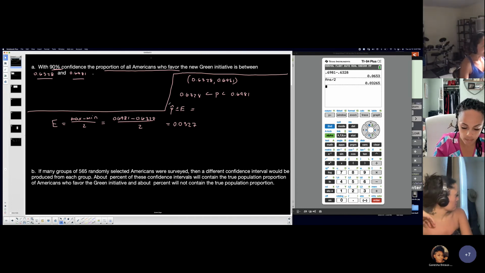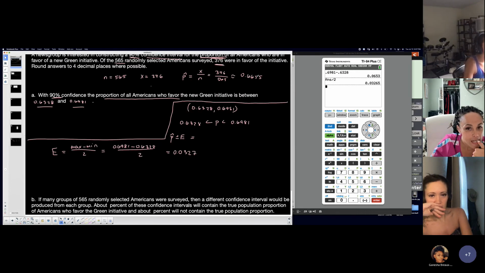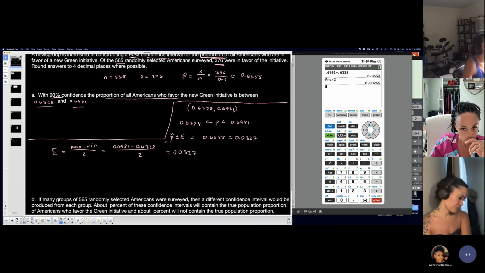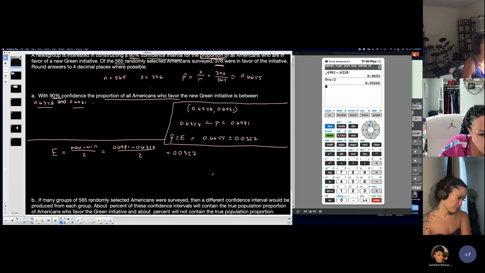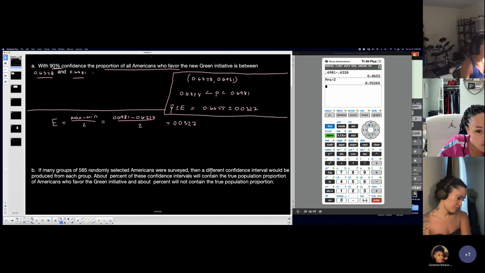The point estimate in this case is the sample proportion, which was 0.6655. So this would be 0.6655 plus or minus the margin of error, 0.0327. So these are the three ways that you could be asked to represent the confidence interval.